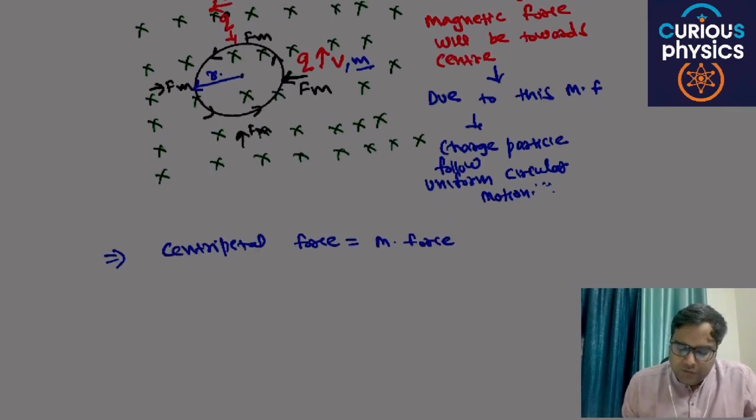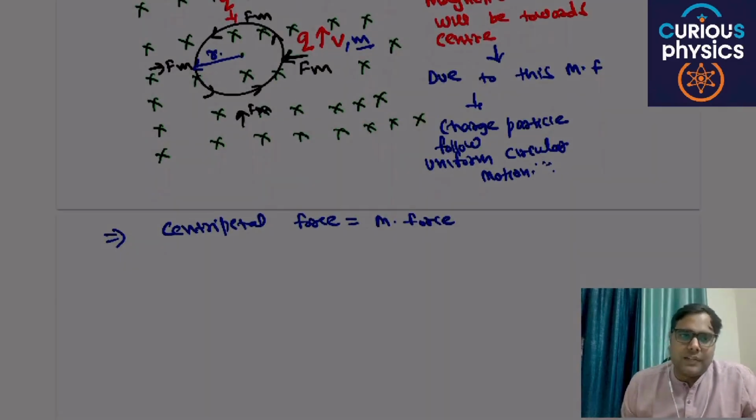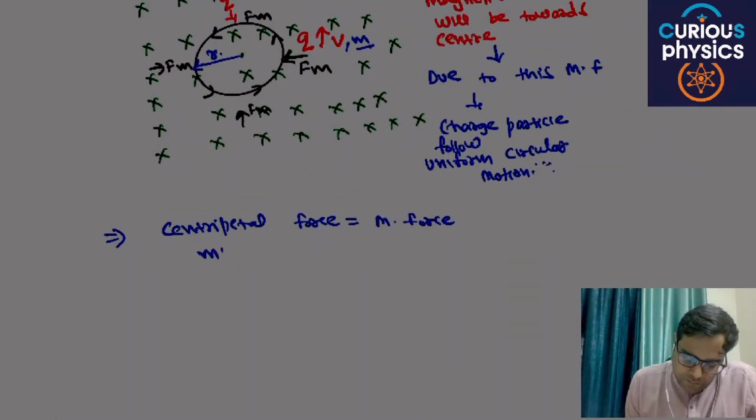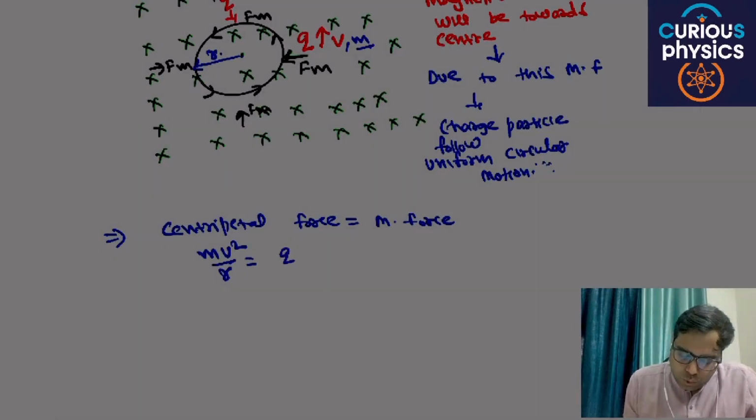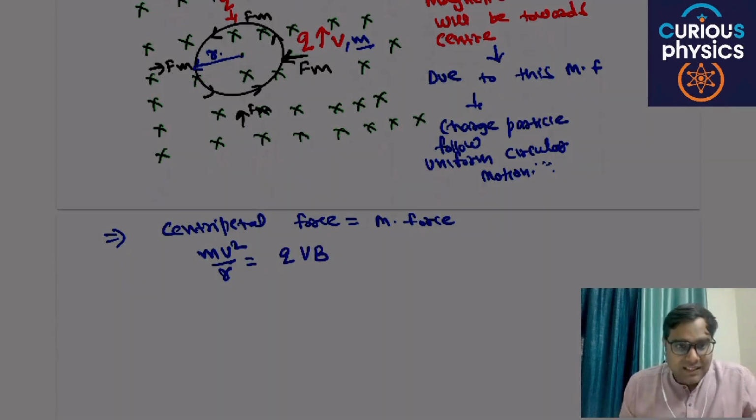The value of centripetal force, we all know, is mv square by r. And what is the value of magnetic force? The magnetic force is equal to qvB sin theta, and theta is 90, sin 90 is 1.